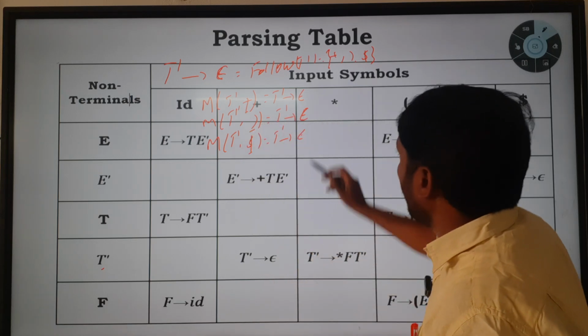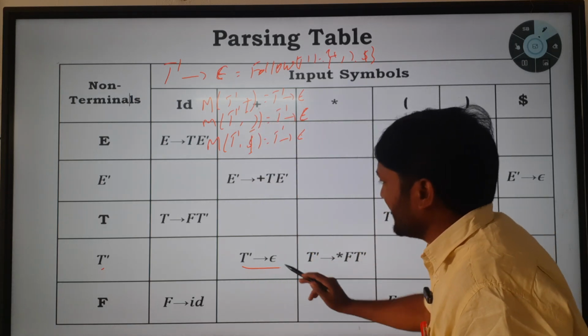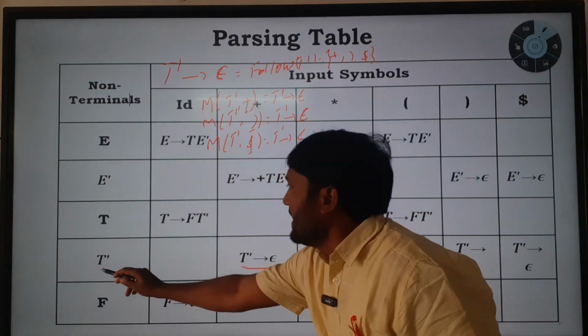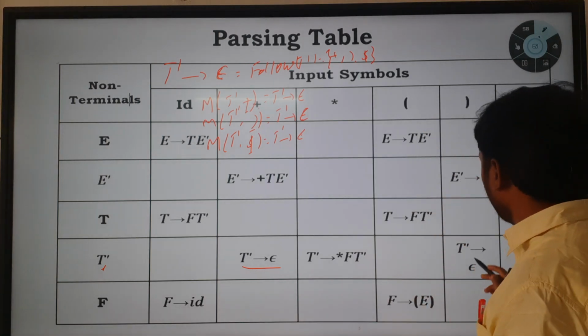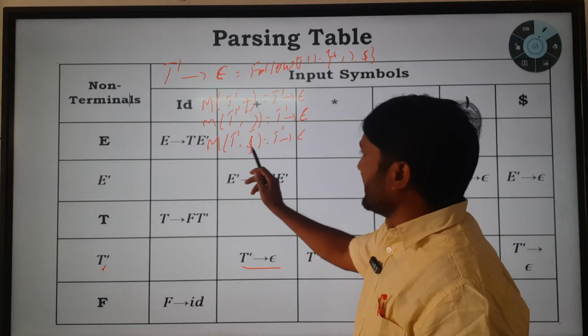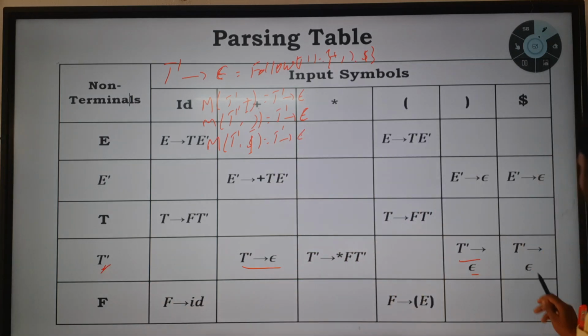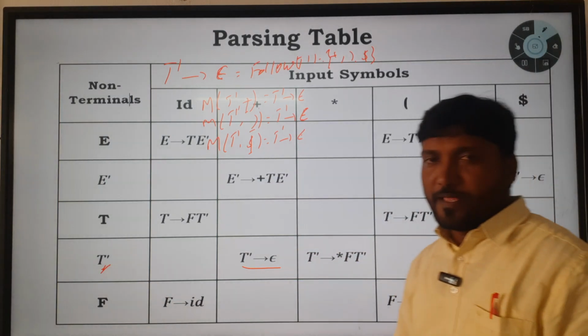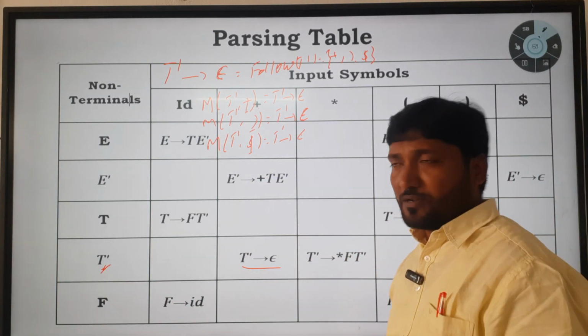T' comma plus, T' comma close bracket, and T' comma dollar can be filled with T' derives epsilon.